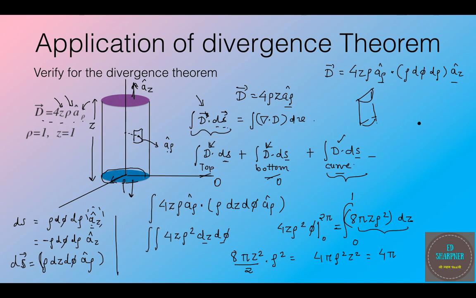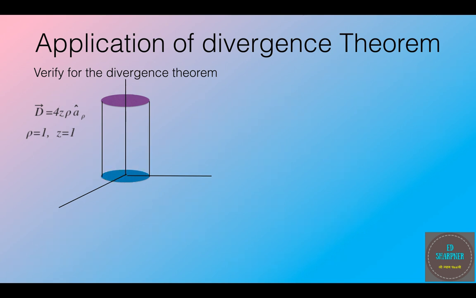Now we will remember this answer 4 pi, and we will try to solve the same problem with the divergence theorem. Let us see if we get the same answer. We will write the answer that we have got first, which is 4 pi. Now we have del dot D to be computed. In the cylindrical coordinate system, the divergence of any vector D is given as 1 by rho del by del rho of rho D rho.